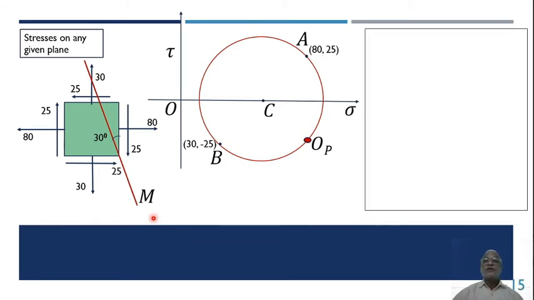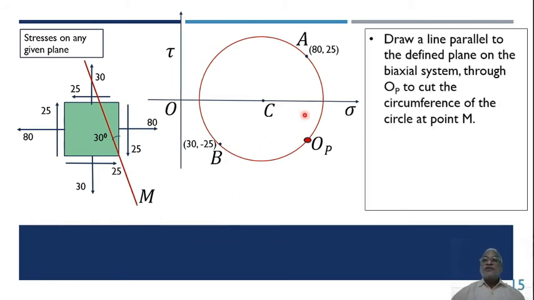Next, draw a line parallel to the defined plane on the biaxial system through OP to cut the circumference of the circle at point M. Draw a line parallel to the defined plane, means parallel to this plane, through OP.